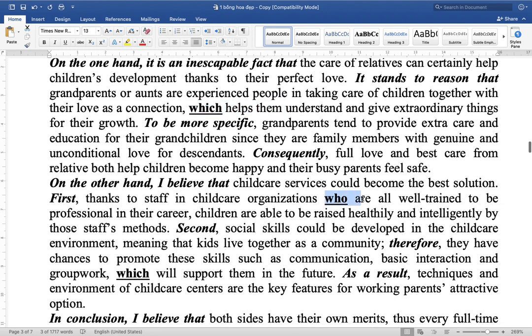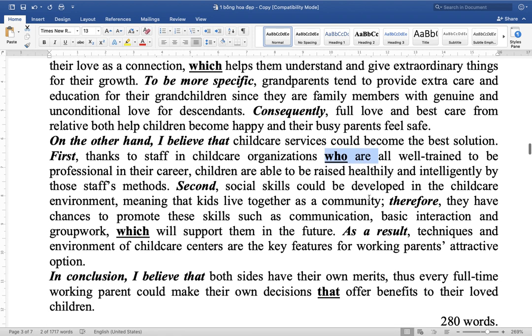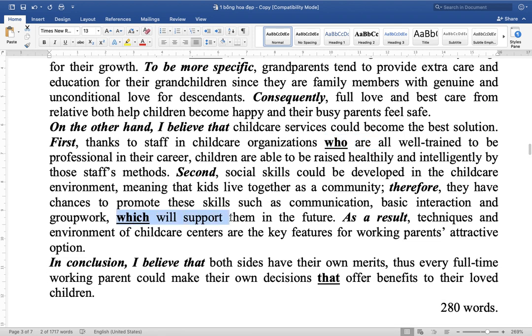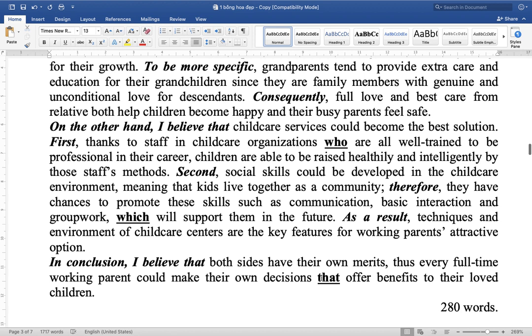Or who, or which here as well, or that. That here is a noun clause, so it's not counted here. They make their own decisions that offer. We can't use the comma here because that here will modify decisions. Okay, so it's closely linked.